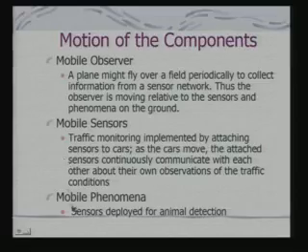So, the aggregation problem between that of mobile phenomena and that of mobile sensors would be different. Even that will be different when you have got a mobile observer. Accordingly, your protocols for the network communication have to be adapted.